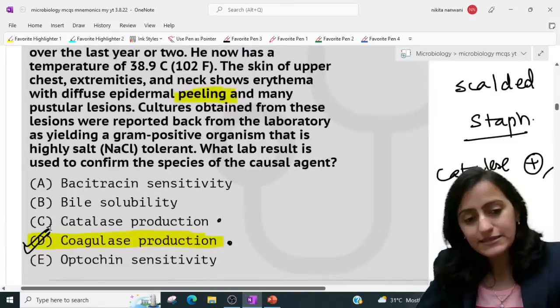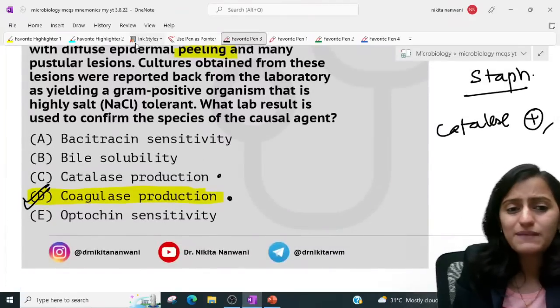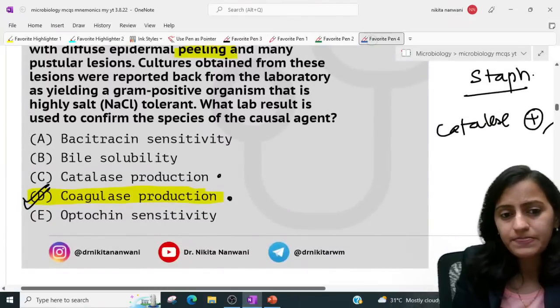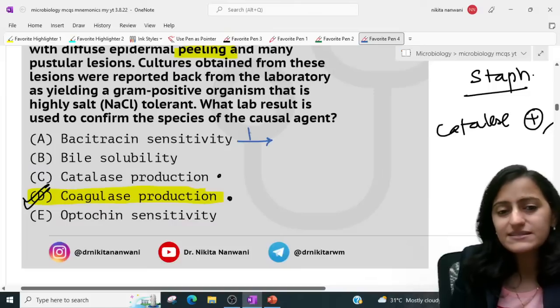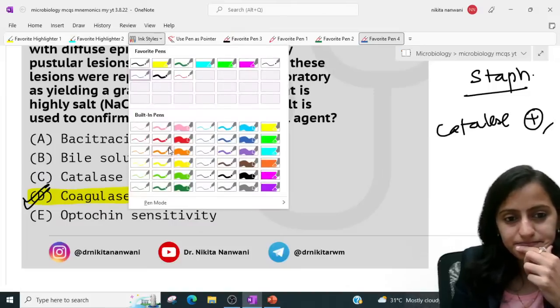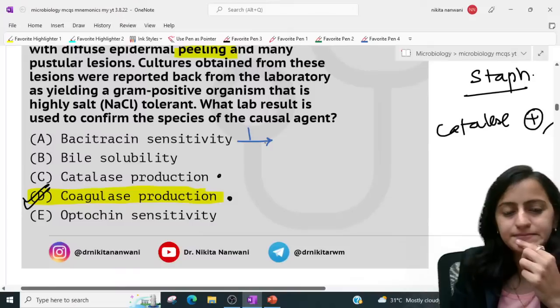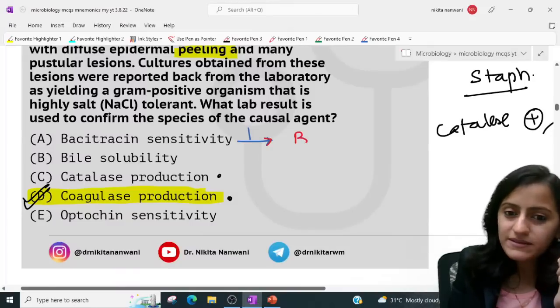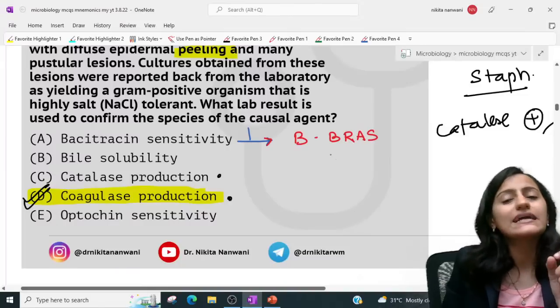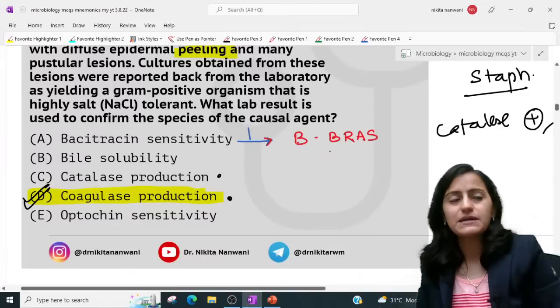Tell me the other ones. Which one is bacitracin sensitive? Remember the mnemonic here, that is B bras. What is B bras?